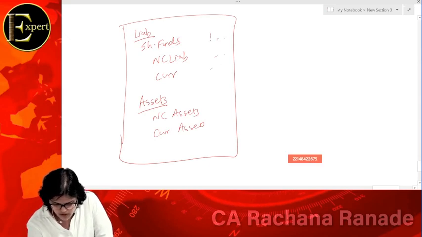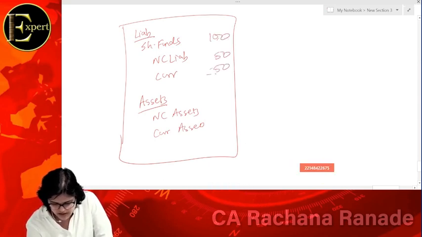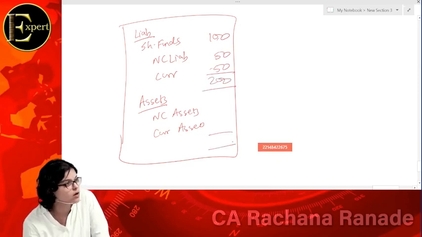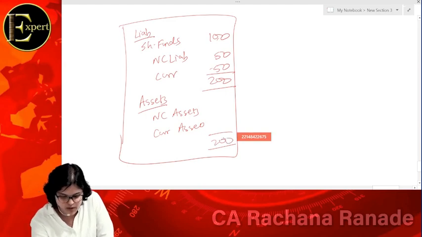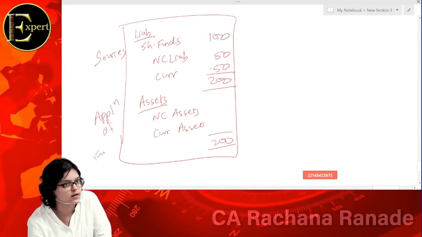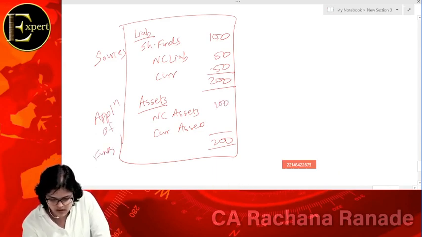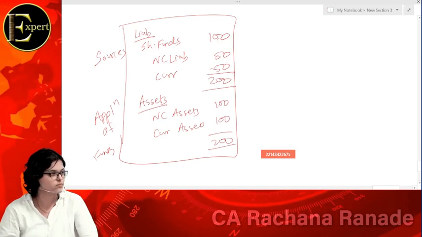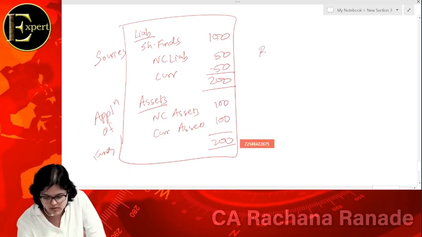Okay, we'll write here 100, 50 and 50, let us say. So it's coming to 200. This total has to be 200 because this is what? Sources of funds. And this is what? Application or utilization of funds. Correct? Assume this is 100 and this is 100. Tell me what is the book value?